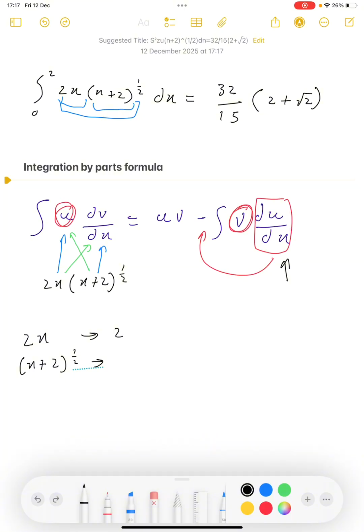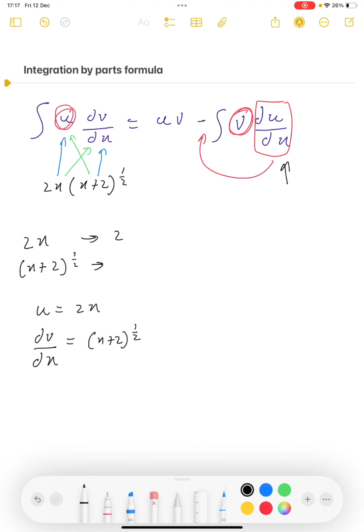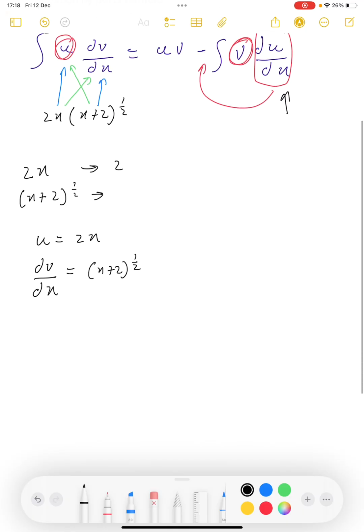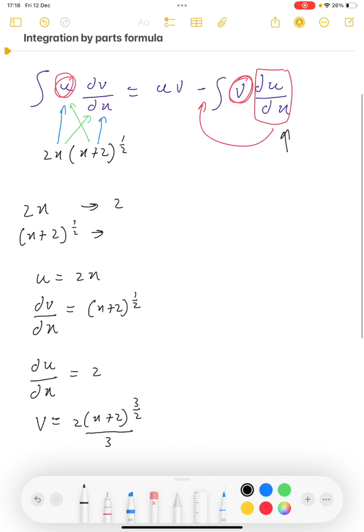Now, if we go ahead and assign them, we can simply make u to be 2x and dv over dx to be (x + 2) to the power of 1/2. Hence, du over dx is going to be 2 and v is going to be the integral of this. And now that we have our u, du over dx, v and dv over dx, we can simply slot them into this formula and solve for it.